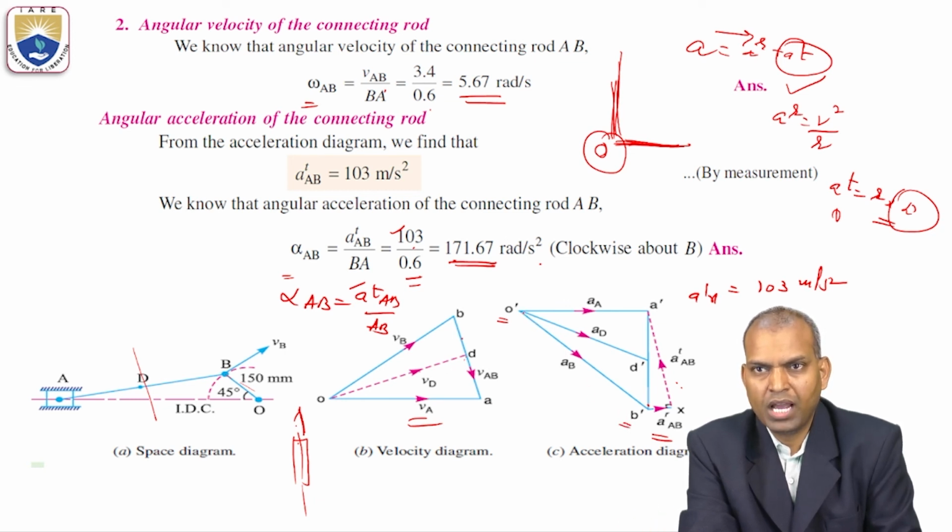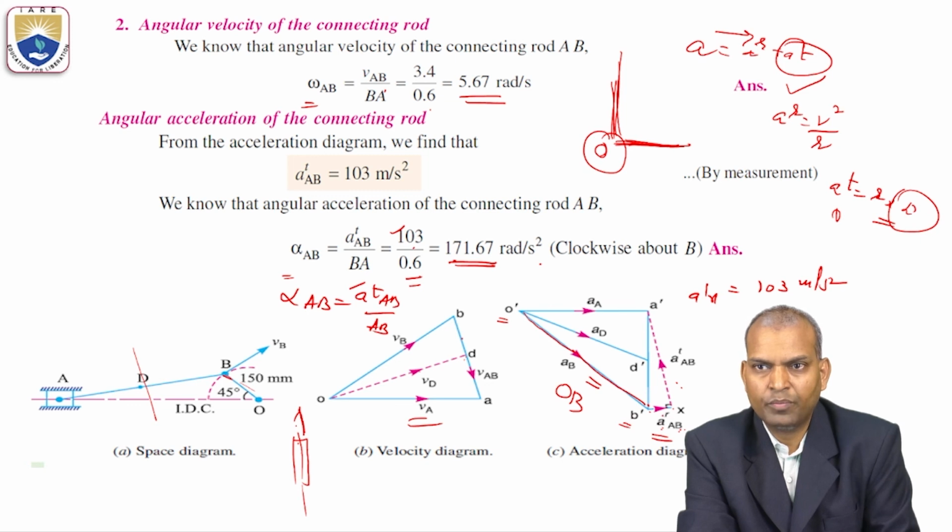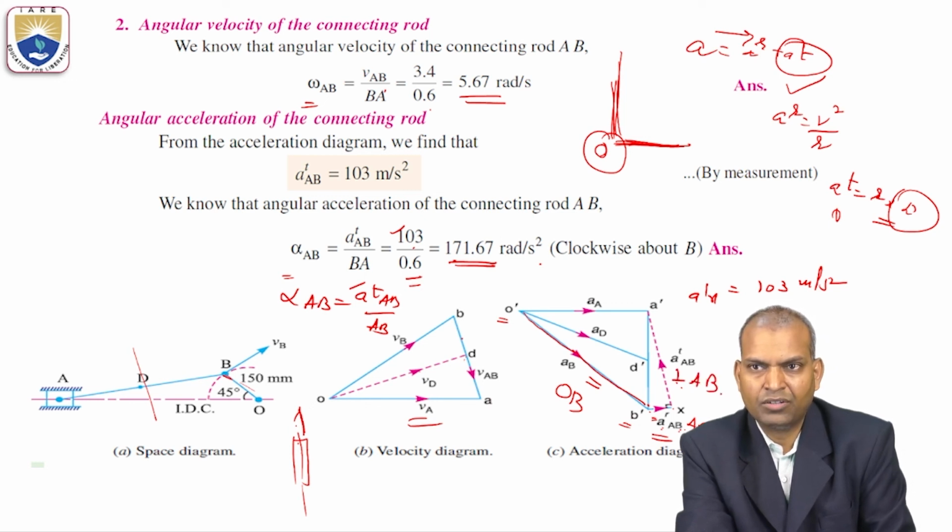So this O dash B dash vector is parallel to the configuration link OB. Next, this AR of AB is parallel to the link AB. But AT is perpendicular to link AB, the connecting rod.